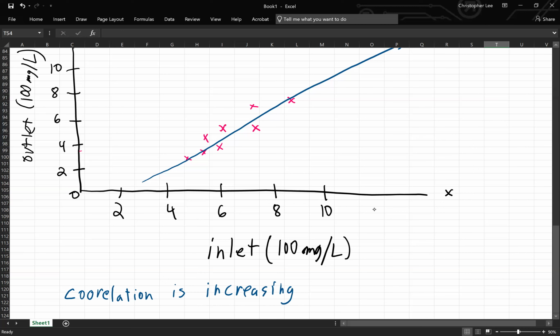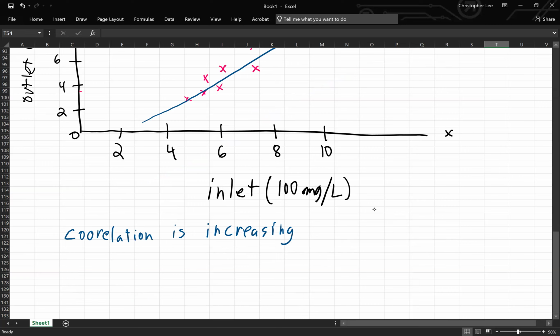A third question that I would ask you after that is explain it to me. Explain why it's increasing? Like interpret it. Maybe that's a better word for it. So here's the interpretation: as X is increasing, Y is increasing.